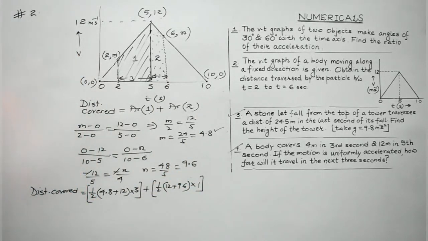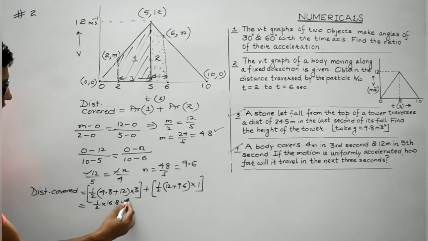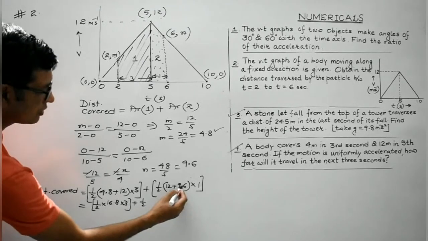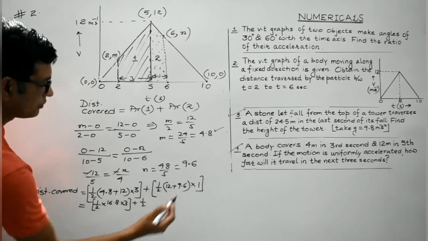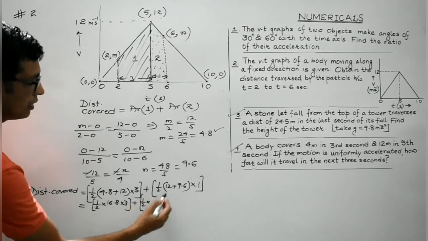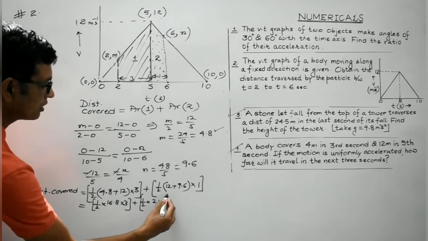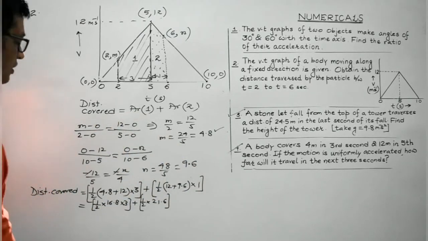Right, students? So, on solving, what we get is half multiplied by 16.8 multiplied by 3. Right? Plus half, this is 9.6 multiplied by 12 plus 9.6, that is 21.6 into 1. It will give us the same value.